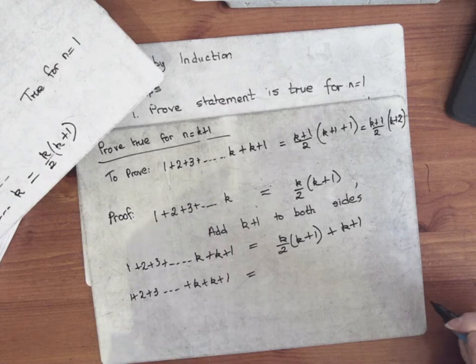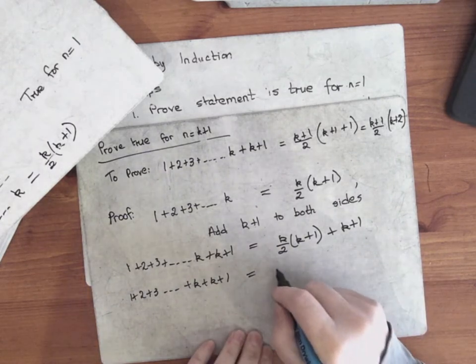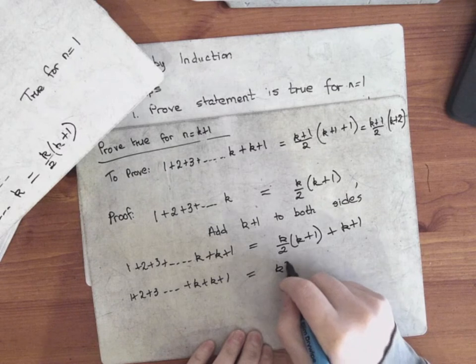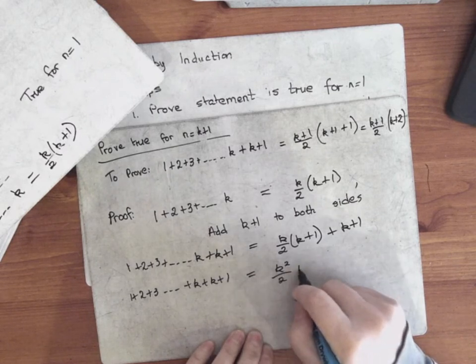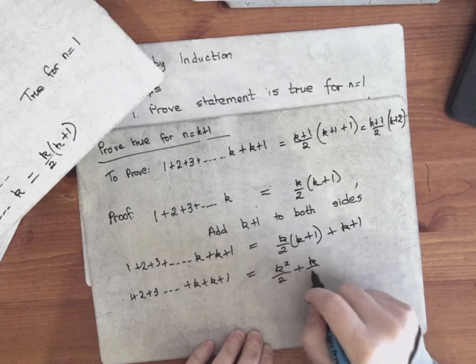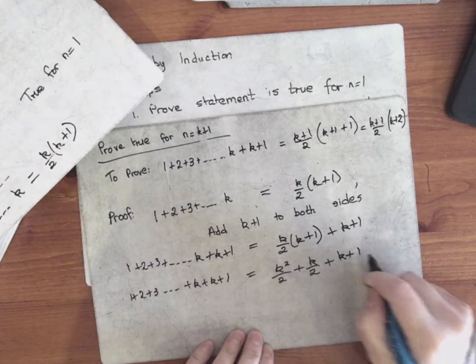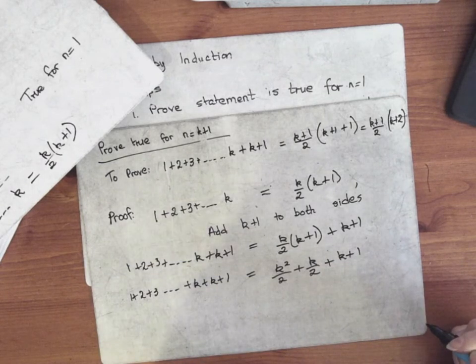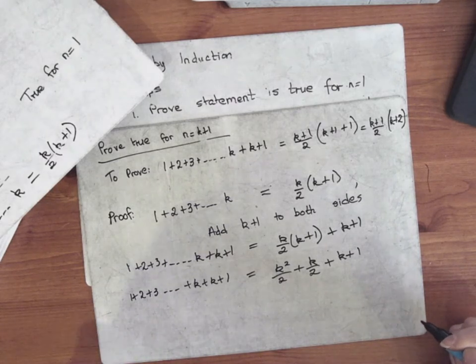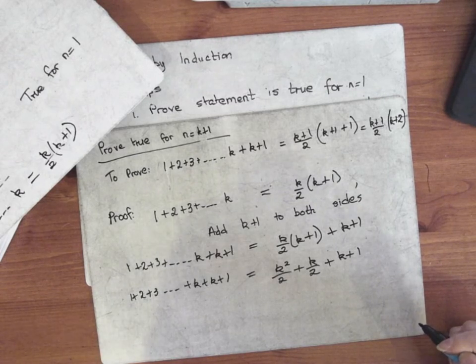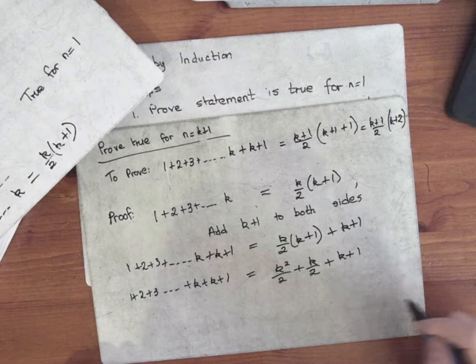The easiest way to play around with this is to multiply into the brackets and see where I go then. So that would be k squared over 2 plus k over 2 plus k plus 1. Is that okay? Now I'm going to get a common denominator.